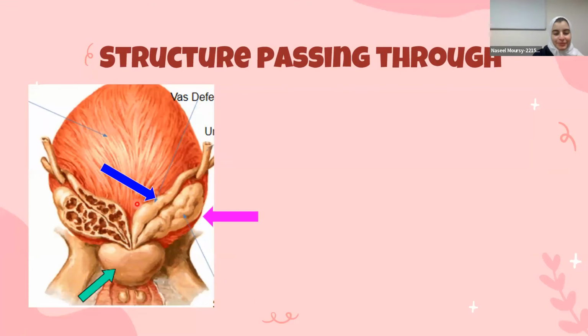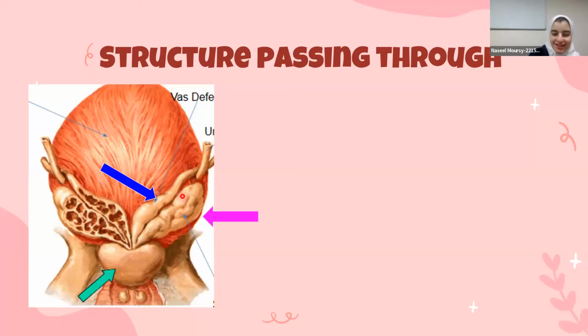So the blue one, what structure is this? We talked about it in the relations of the bladder. Vas deferens. Good job.